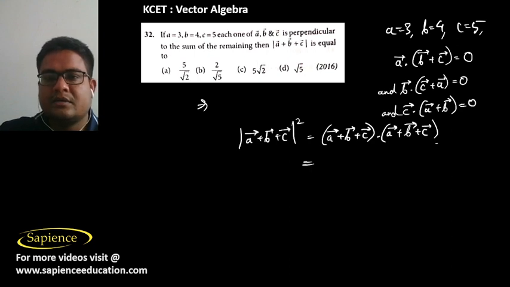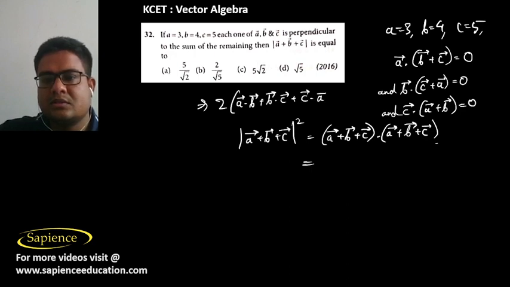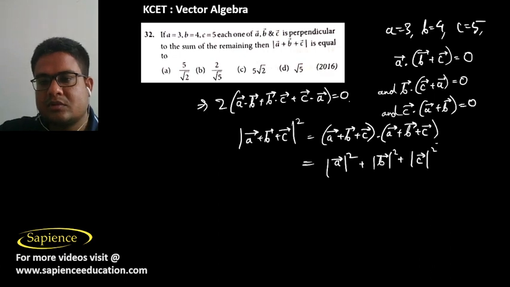So if we add them, we get 2 into a dot b plus b dot c plus c dot a is equal to 0. Since a dot a is mod a square, this is mod a square plus mod b square plus mod c square plus 2 into a dot b plus b dot c plus c dot a.